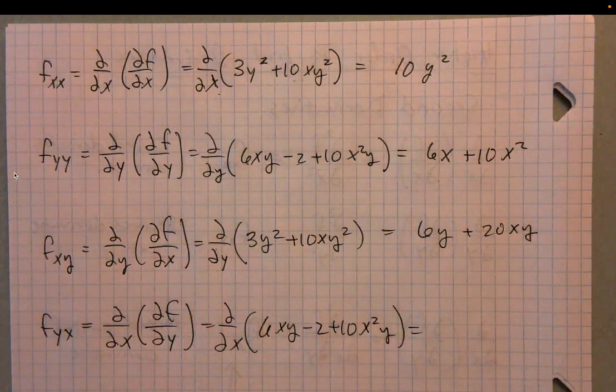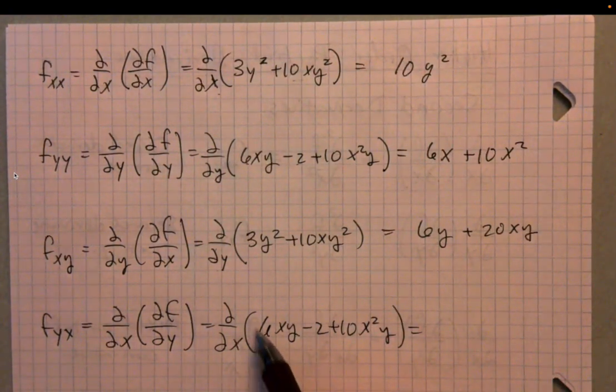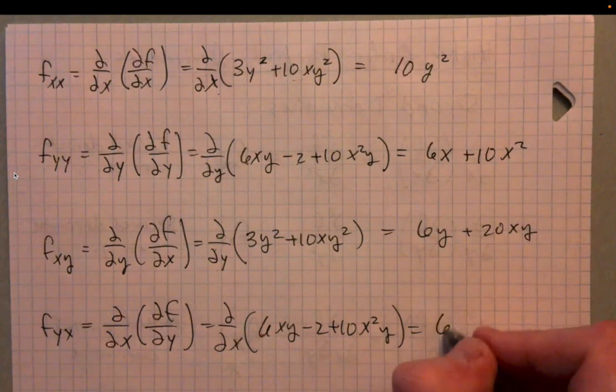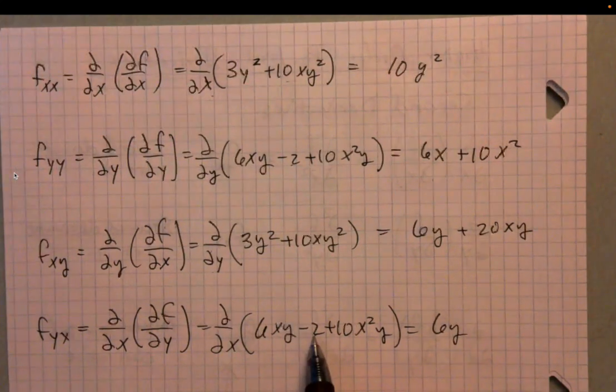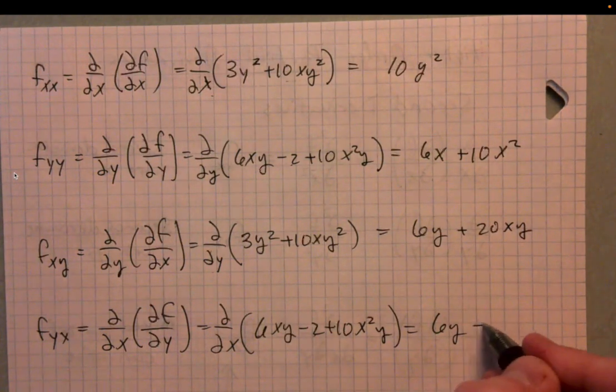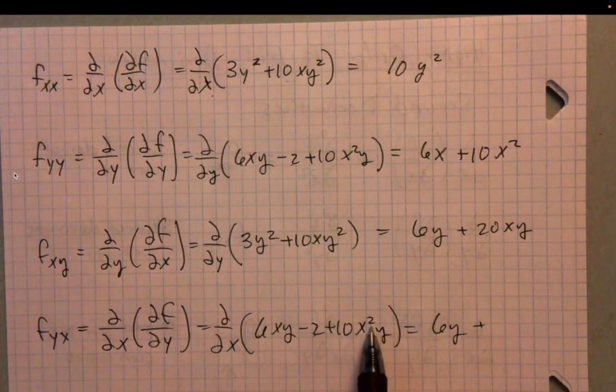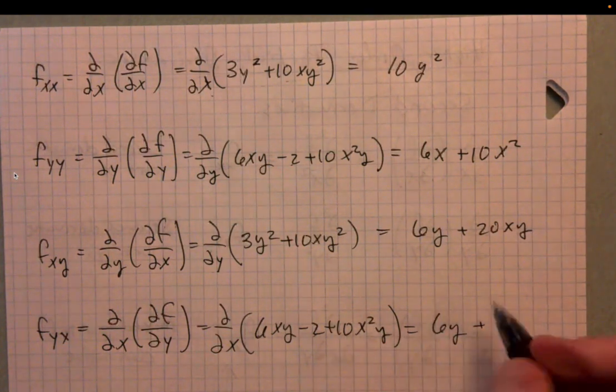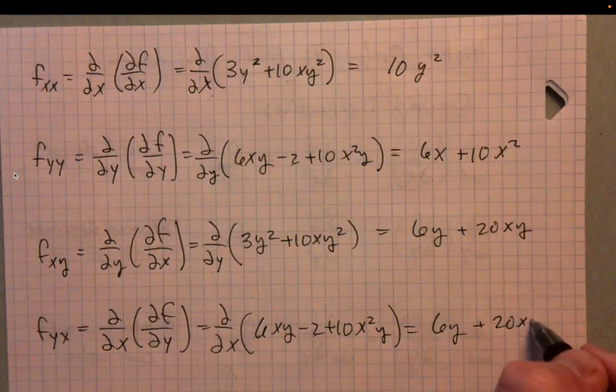We differentiate this with respect to x. Here we get a 6y. This middle term is a constant, so it drops out to 0. And over here, we drop the power on x down by 1 and multiply the coefficient by 2. So this will be 20xy.